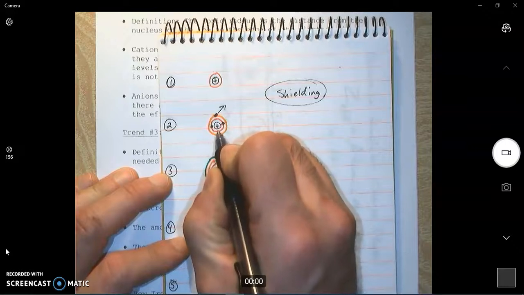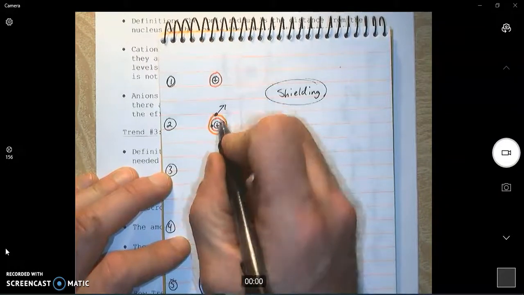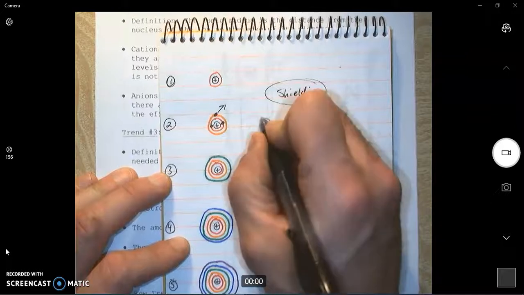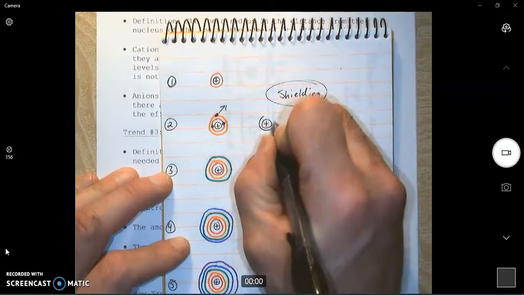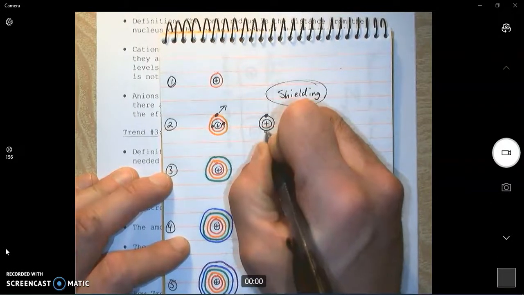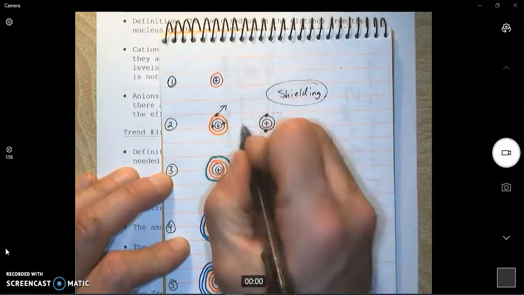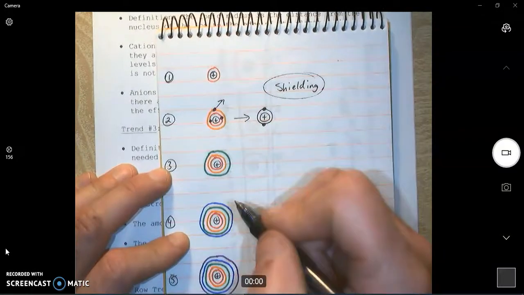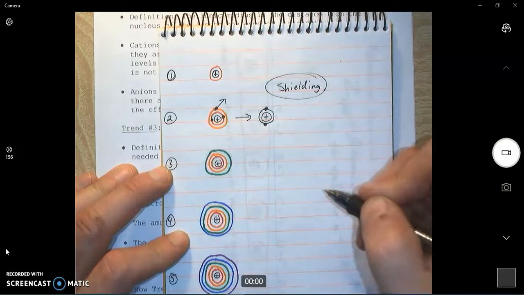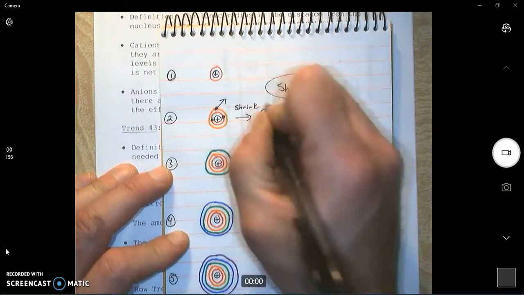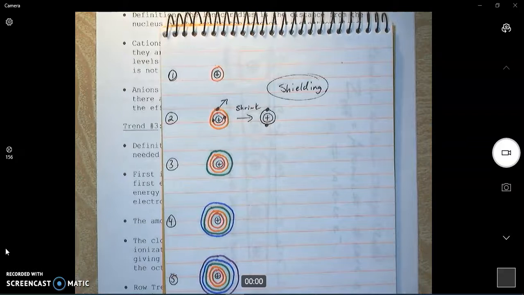So what does it end up becoming? It ends up becoming the nucleus of lithium with helium's electron cloud. So now that atom has shrunk. When metals ionize, they shrink.